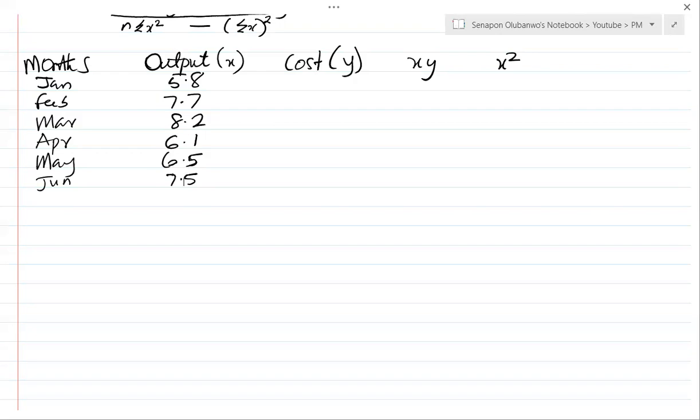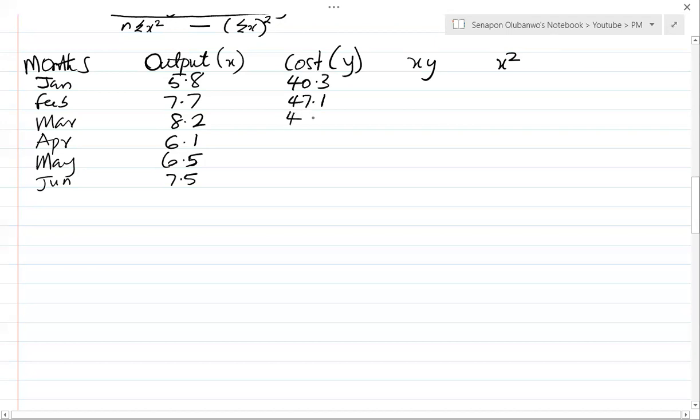For the cost, we have 40.3, 47.1, 48.7, 40.6, 44.5, and 47.1.